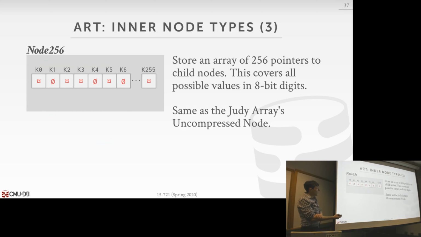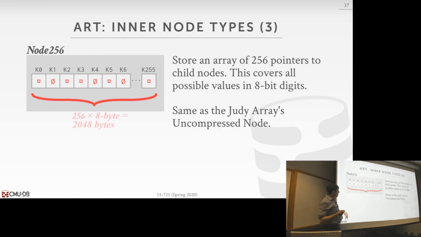All right, the last one is the uncompressed one, and this is the same thing as in the Judy array. This is just one giant array where the position in this array for the child pointer represents the digit. If it's null, then the digit's not there. If it's a pointer to a child, then it is there. So the total size of this will be 256 times 8, so 2048 bytes.